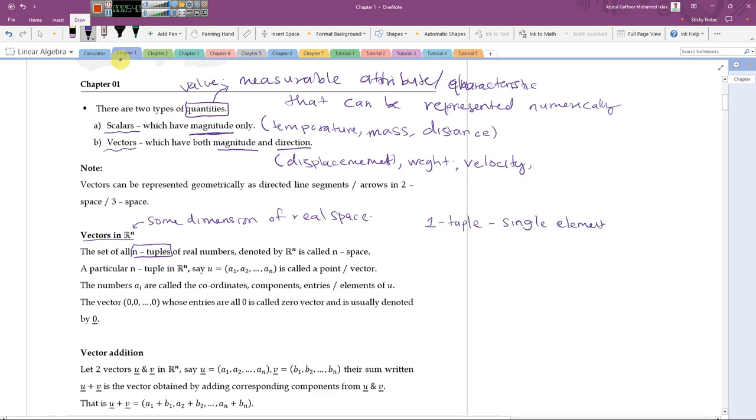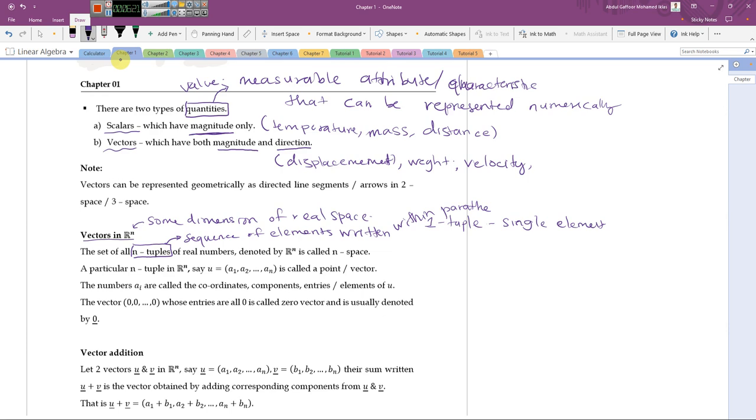An n tuple is written within parentheses. An n tuple is a sequence of elements. If I want to give a definition for n tuple, it's a sequence of numbers or elements written within parentheses.